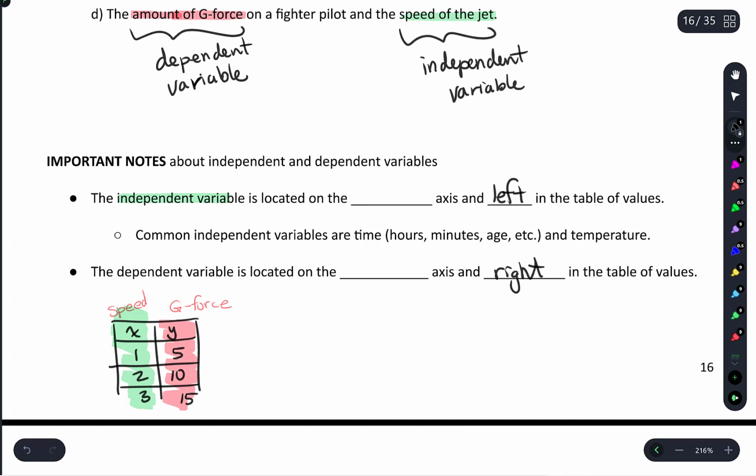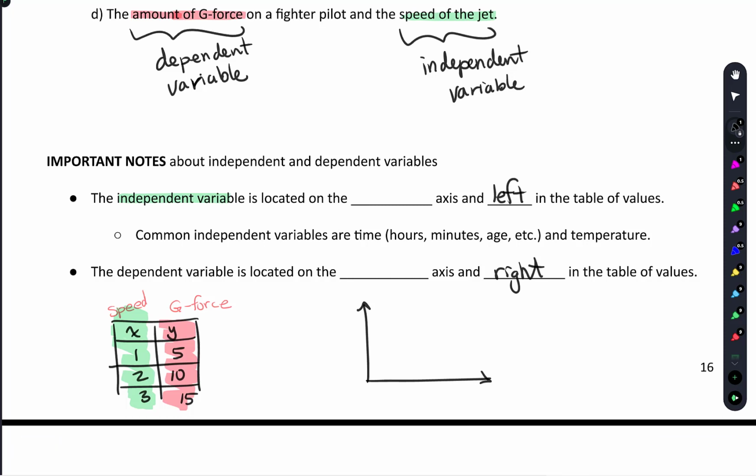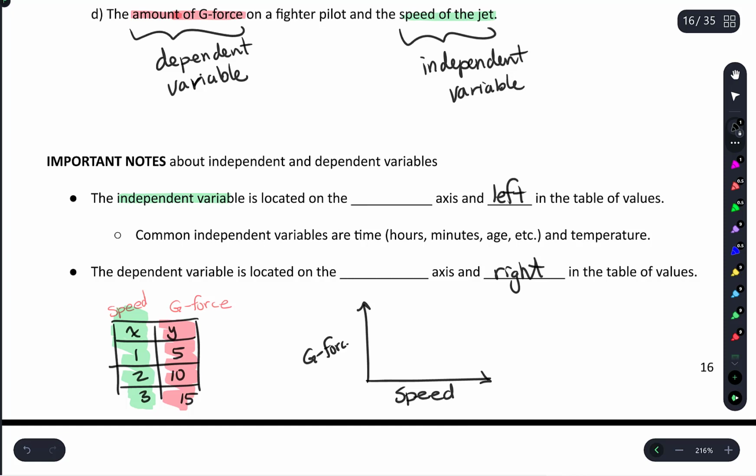Now, if we have a graph, and I wanted to graph this, my independent variable always goes on the bottom. So that would be my speed, and this might be my G-force. Right? So we see that on the graph, our independent variable is always on what we call the x-axis.